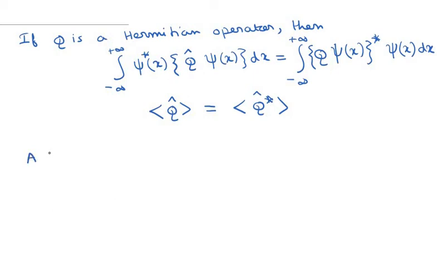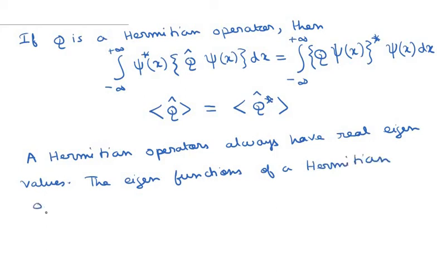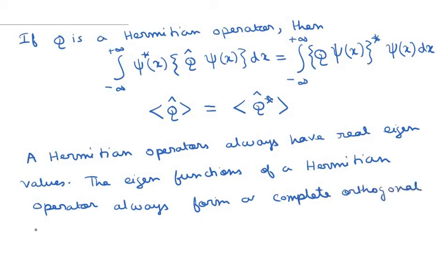Now a Hermitian operator always has real eigenvalues, and the next point is the eigenfunctions of a Hermitian operator always form a complete orthogonal set.